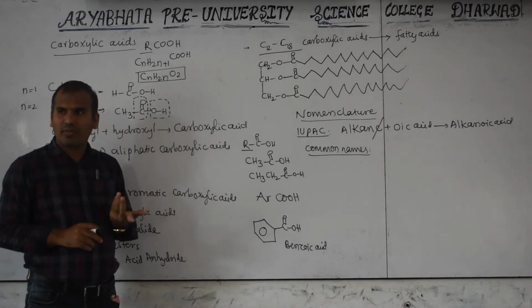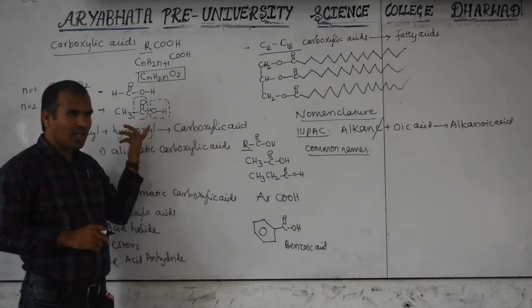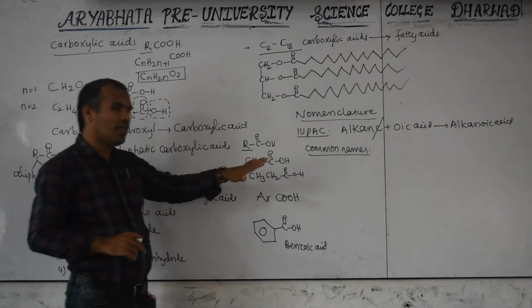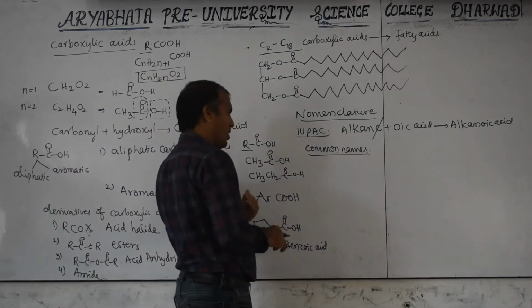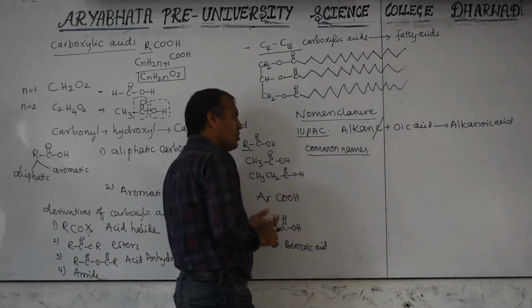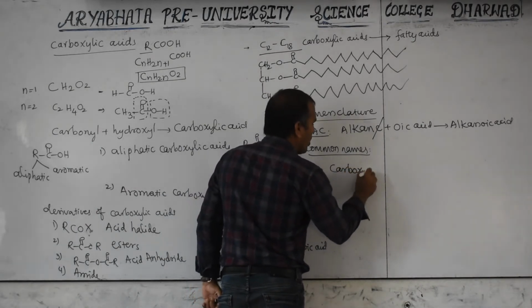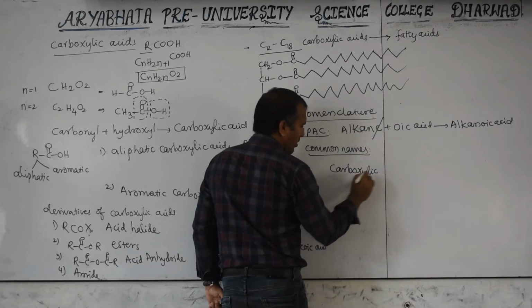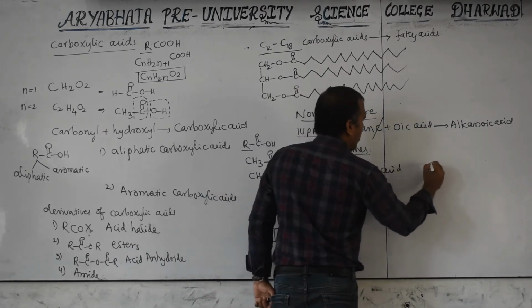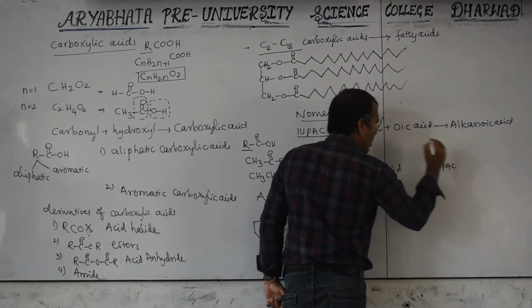There is no alkyl group name. That's why we can't say it is based on its derived nature, where it is obtained and its source. So now I am writing here carboxylic acid, IUPAC name, common name.